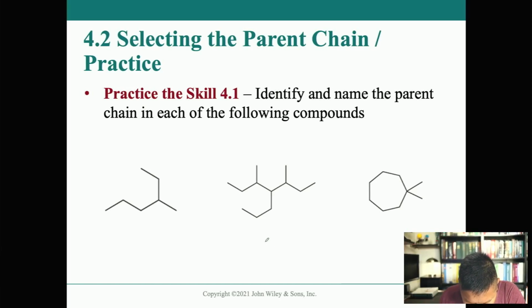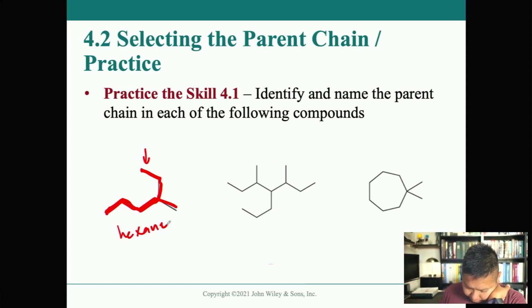So if I look at this one here, 1, 2, 3, 4, 5, 6. All right, that's 6 carbons if I go that way. 1, 2, 3, 4. It's only 4 carbons if I go that way. It's 5 carbons if I go that way. Right? So the one that's up here is the correct one, so that's a hexane for its parent. Okay?